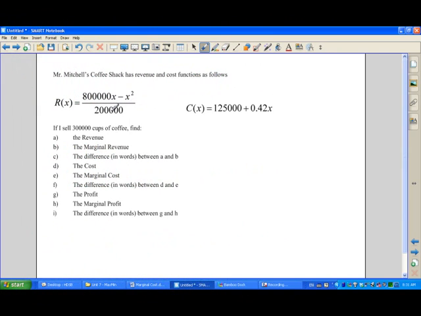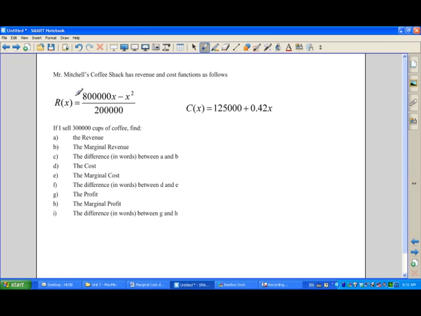So let's look at an example of using instantaneous cost, instantaneous revenue, and instantaneous profit. I have decided to run a coffee shack, and I have determined my equations for my revenue and my cost. And let's say that I sell 300,000 cups of coffee.